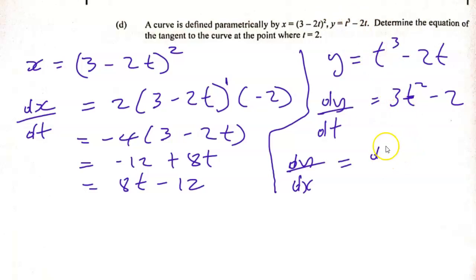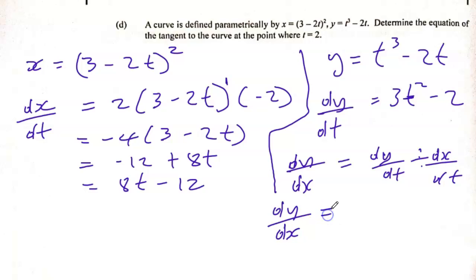Alright, so dy by dx is dy over dt divided by dx over dt, which means that dy by dx is, what's dy by dt? 3t squared minus 2 over, and what's dx by dt? 8t minus 12.